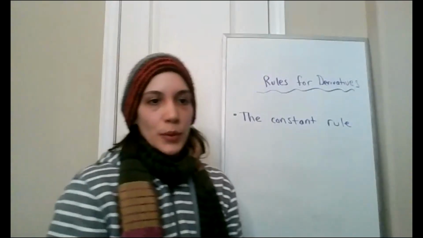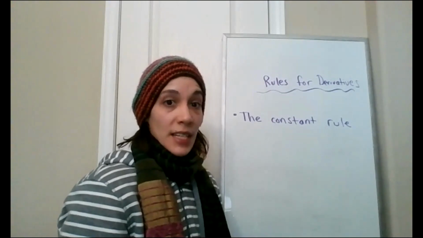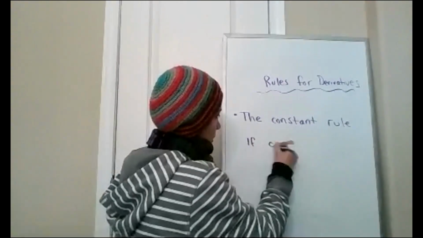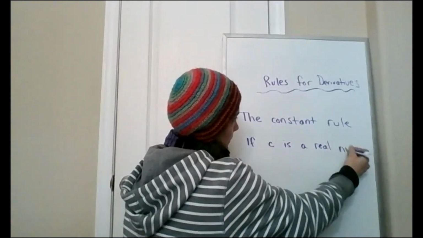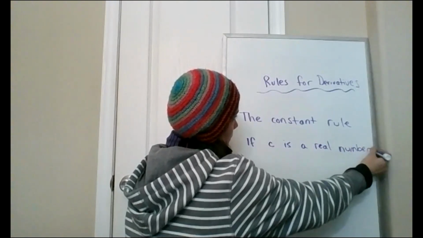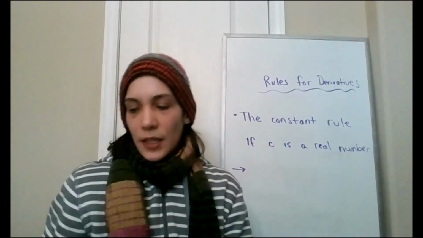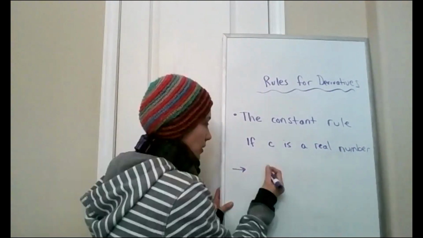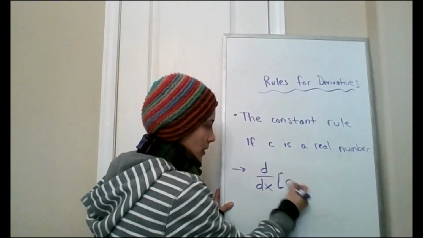The constant rule: if c is a constant, or a real number, the derivative with respect to x of that number c is 0.